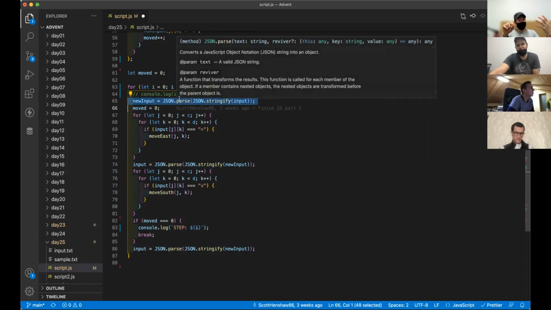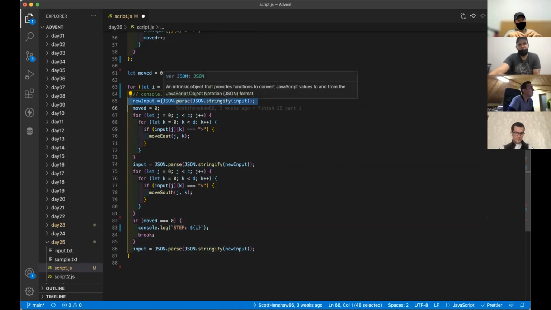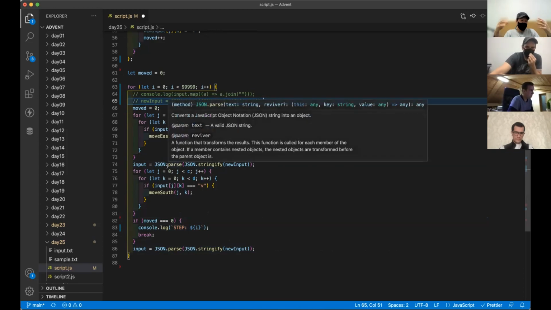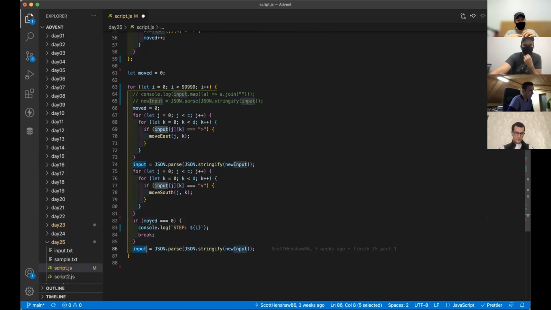Yeah, my new input doesn't need to be reset here. Because you already have that one. At 86, input and new input are the same. So input's the one that I need to reset. Oh, I do need this for the initial time though. Then move it out of the for loop.